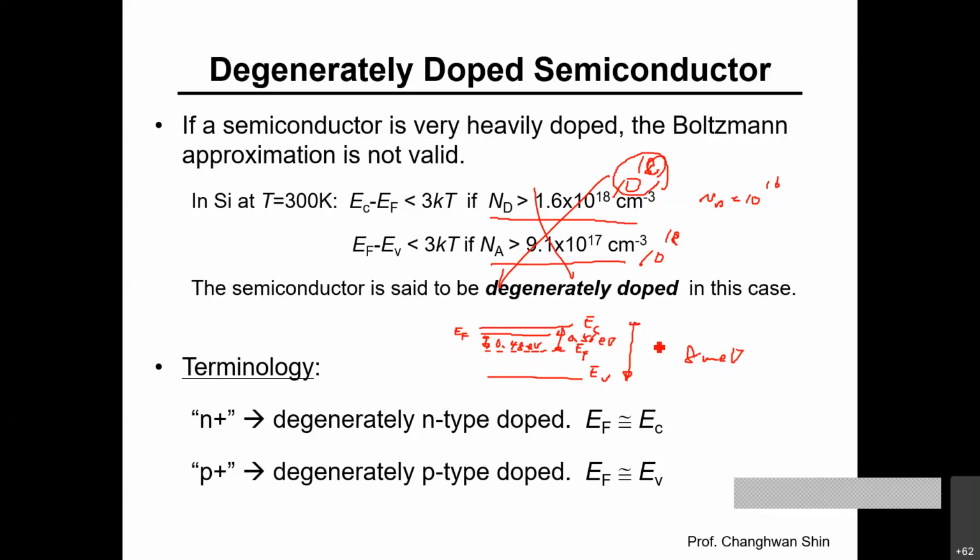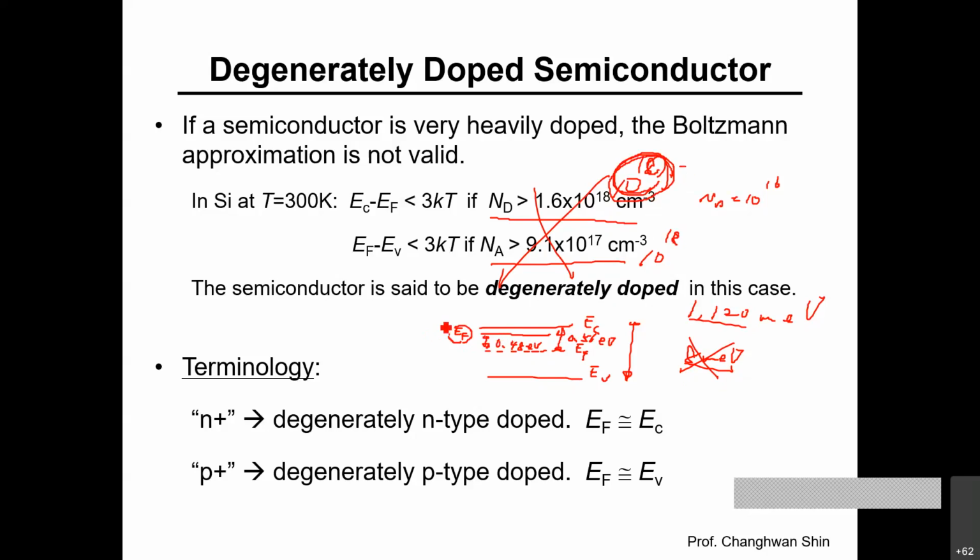The total band gap is 1,120 milli electron volt. So 8 out of 1120, you can ignore it. So if the doping concentration is 10 to the 18 or higher, your Fermi energy level EF is almost stuck to the conduction band edge.